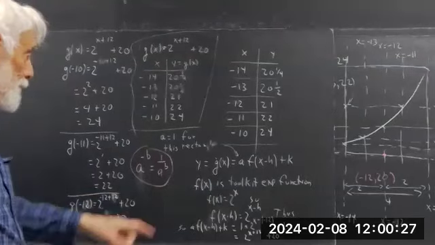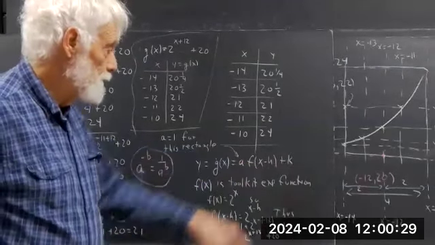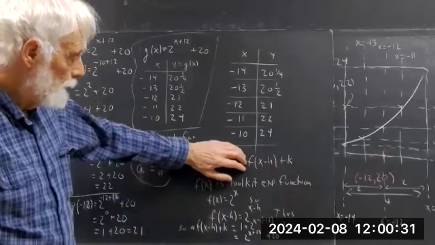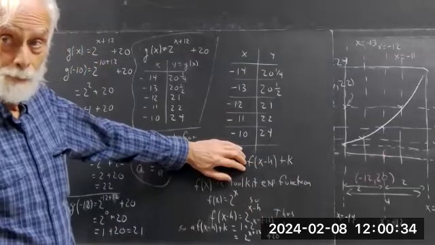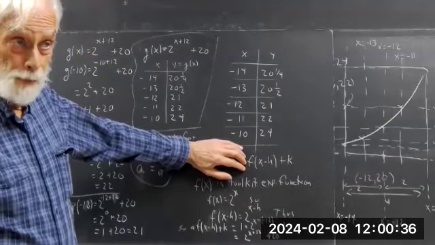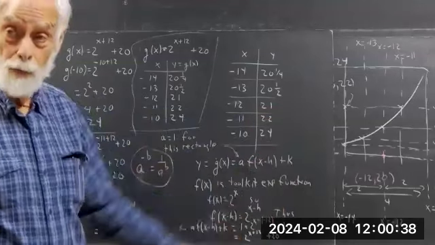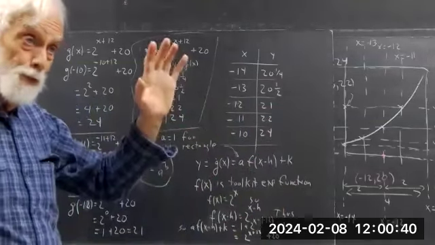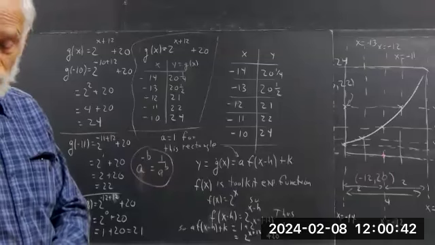Validating the a f of x minus h plus k, or at least the f of x minus h plus k. It works. You have to be able to write that for all 5 of the functions that I've listed.